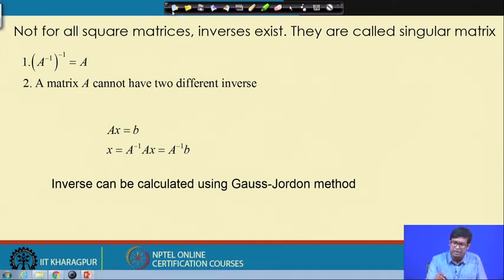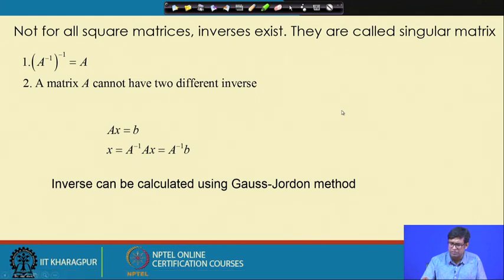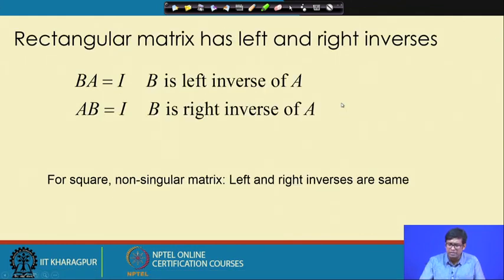For rectangular matrix, inverses do not exist as they exist for square matrix. Rather, what exists is a left inverse and right inverse. Left inverse is the matrix multiplied before A that gives identity, and right inverse is a matrix multiplied after A that gives an identity matrix. Of course, if A is a rectangular matrix, the left inverse and right inverse will have different column indices.